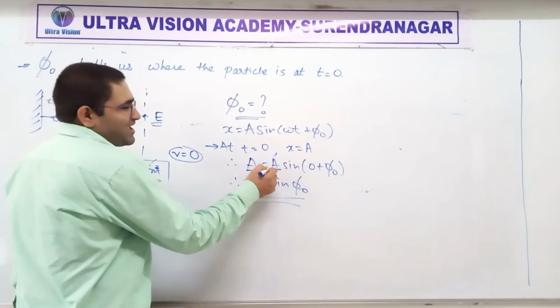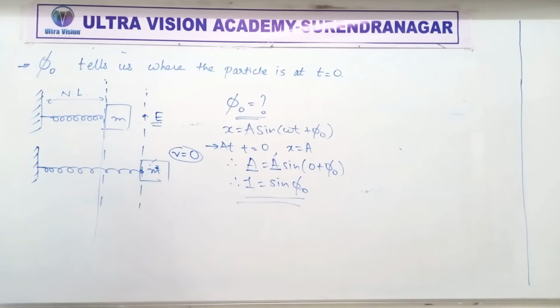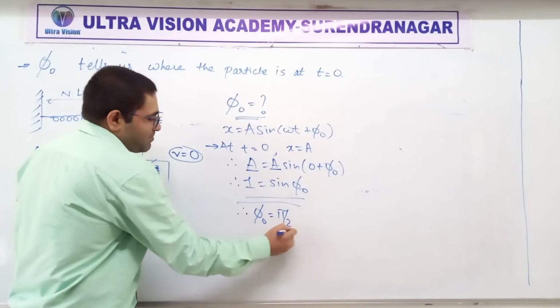Here we have a cancelled, you get 1. Okay, so this would mean that we should have phi 0 equal to pi by 2.